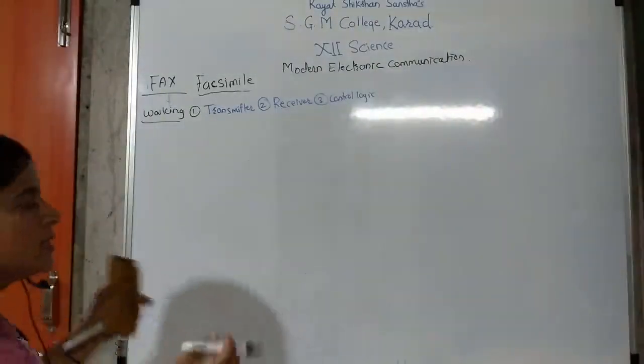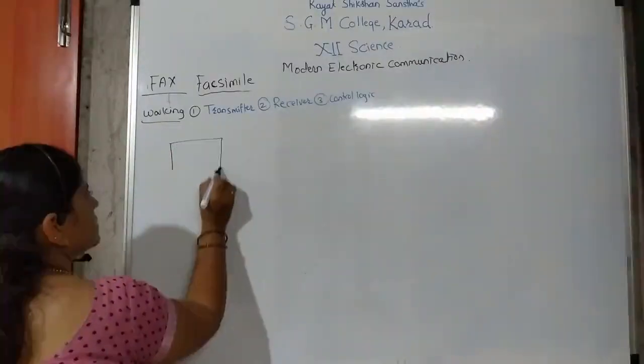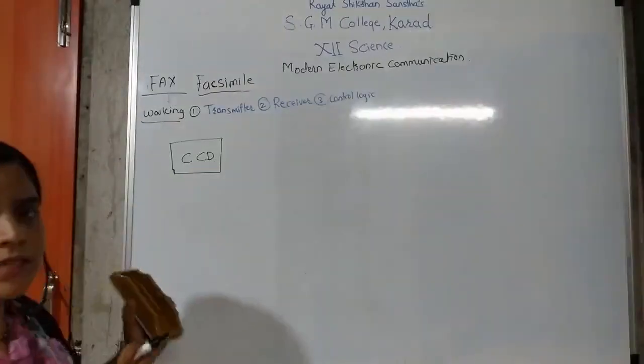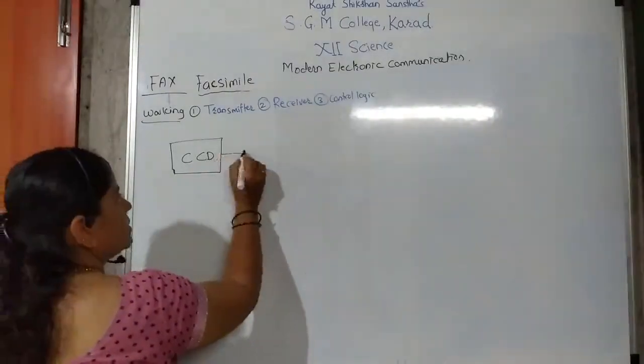There are so many blocks. So first is CCD, that is the charge coupled device.